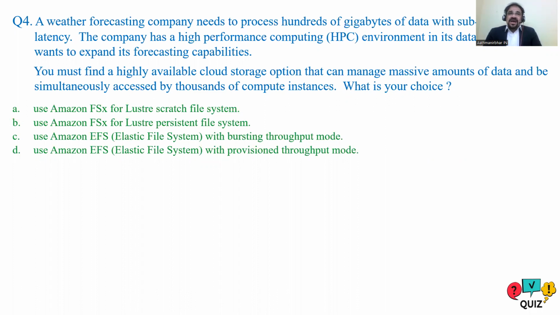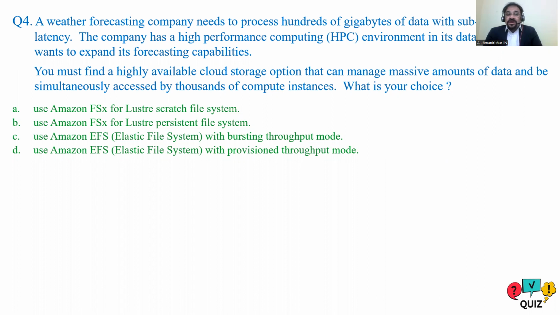Between option C and D, how does it work? Here we have bursting throughput mode and provisioned throughput mode, correct? Bursting throughput mode is used when there is a small amount of data to handle. That is option C. Option D, provisioned throughput mode, is used when there is a massive amount of data that you want to migrate from a data center to AWS or vice versa.